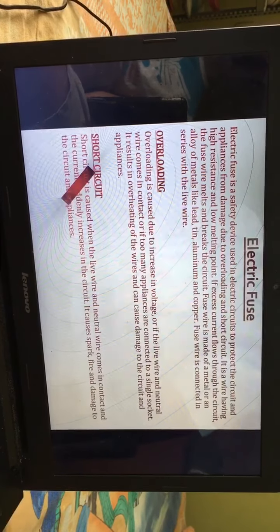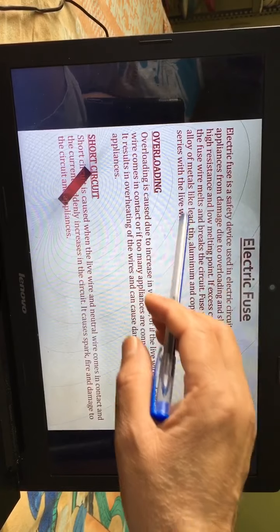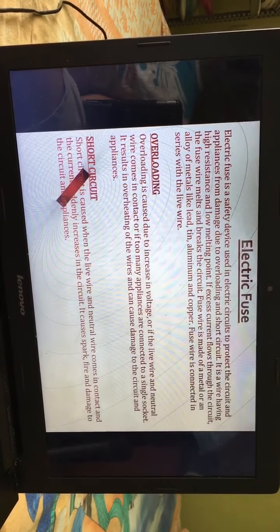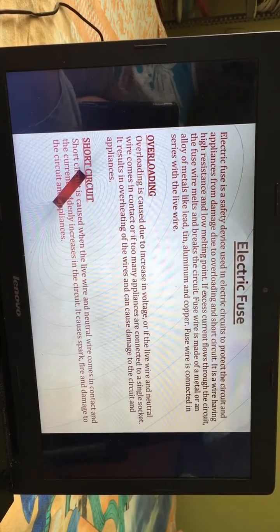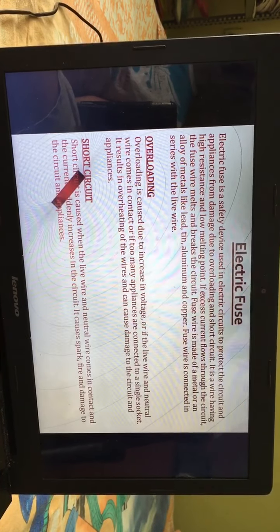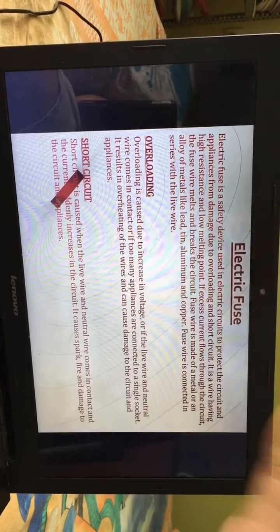Now children, after that we come to three terms: electric fuse, overloading and short circuiting. They are asked very frequently, define them. An electric fuse is a device made of a material with a very low melting point, and it is connected in series with the circuit.